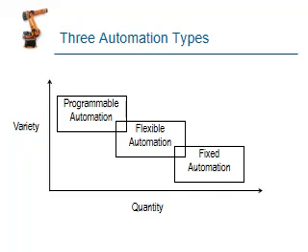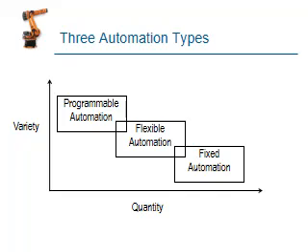Quantity means the amount of production, like 100 components or 1000 components. The first is fixed automation. In fixed automation the quantity is very high and the variety is very low, so only a very small number of simple processes are done. That is fixed automation.